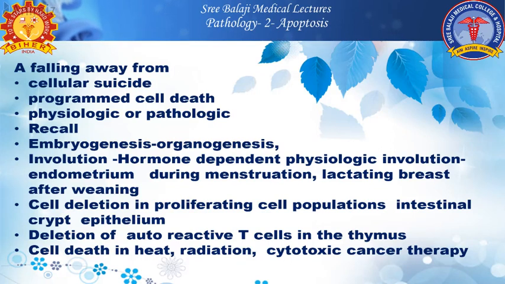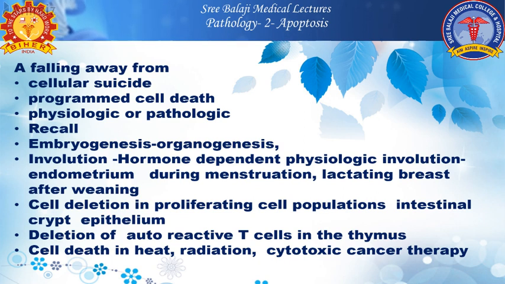Until now, we saw what apoptosis is. How did they get the terminology? It is from the Greek word for how leaves fall away, a falling away from. Just as leaves fall away, the apoptotic body falls away from the cell. That's how the name came. Other names are programmed cell death and cellular suicide.